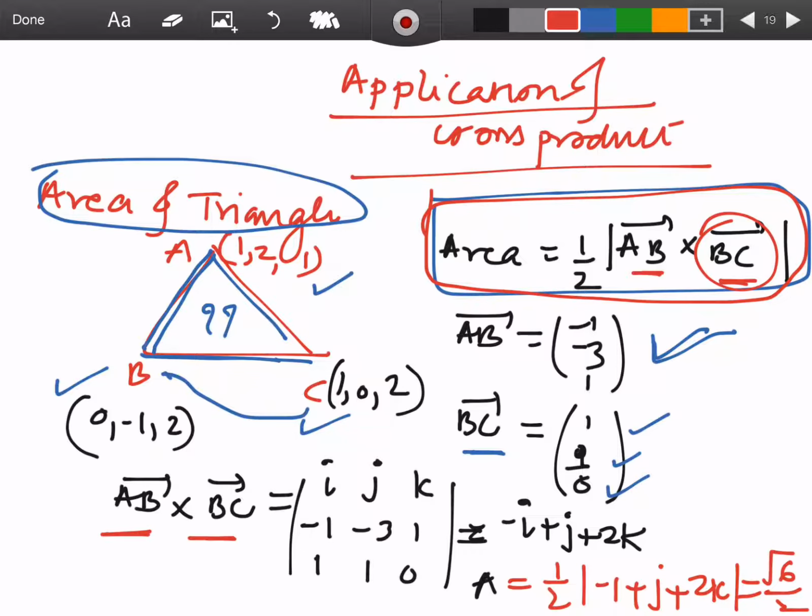You find the cross product, which was explained earlier, so I'm not wasting time on it, then just take the magnitude of this, and don't forget to divide by 2. So that's your answer: √6/2 is the area of the triangle. Hope this video helped you figure out the applications of the cross product and its certain properties.